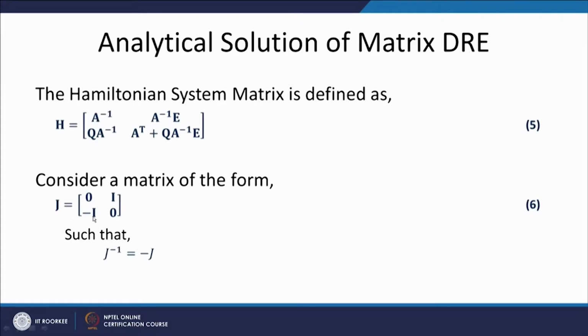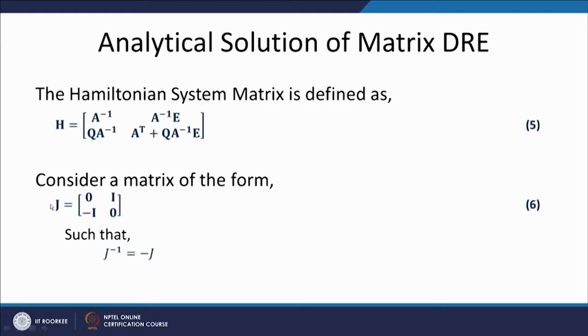So, I have to consider the J matrix also as 2n by 2n. This 0 represents a null matrix of n by n, and I represents an identity matrix of n by n. So, I have a total of 2n rows and 2n columns.